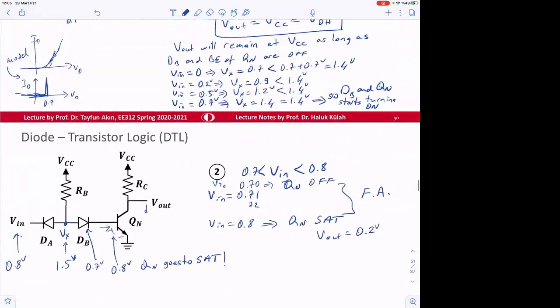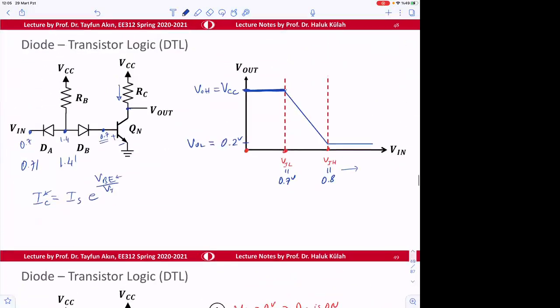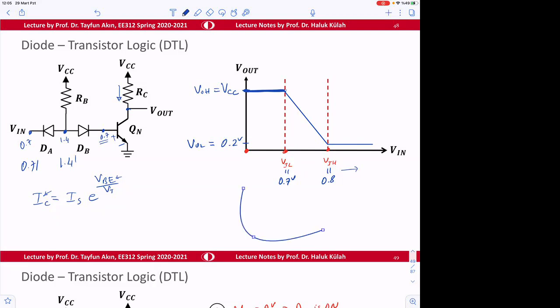So this is the graph. Maybe I should have drawn it like this. So 0.7 and then 0.8.